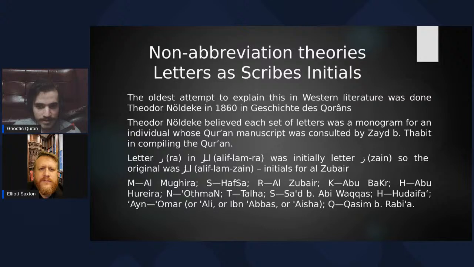That is how he corresponds the letters with the names of the scribes or the prominent figures who were responsible for the codification of the Quran. For example, Sa'd for Sa'd ibn Abi Waqqas, or Ain for Umar, or maybe for Ali, or something like that.